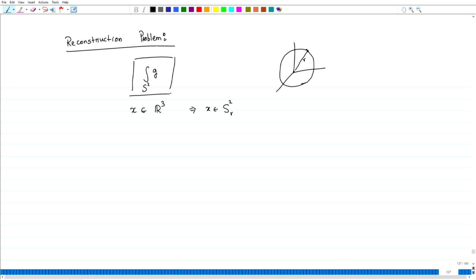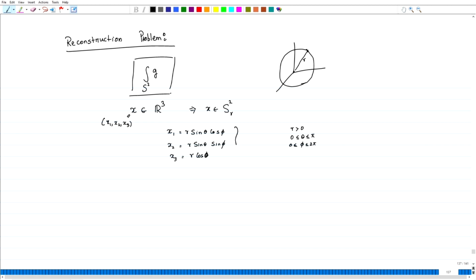If we write x = (x1, x2, x3) in spherical coordinates, then x1 = r sin theta cos phi, x2 = r sin theta sin phi, and x3 = r cos theta, where r is the radius, greater than 0, theta varies over 0 to pi, and phi varies over 0 to 2 pi.